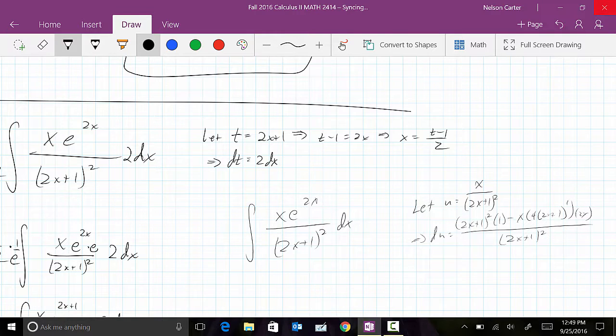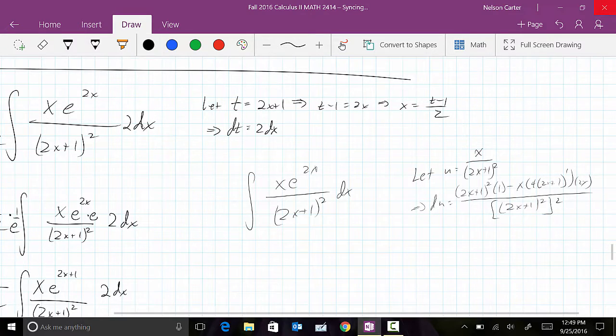Oh, and then squared. So then, that's pretty gross.